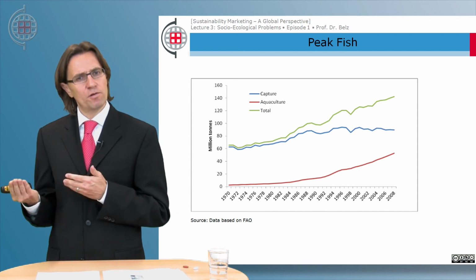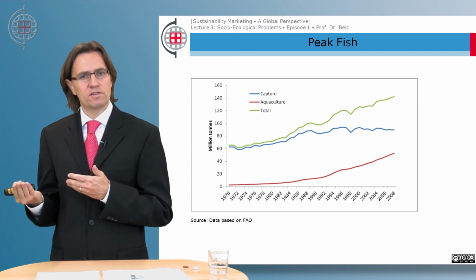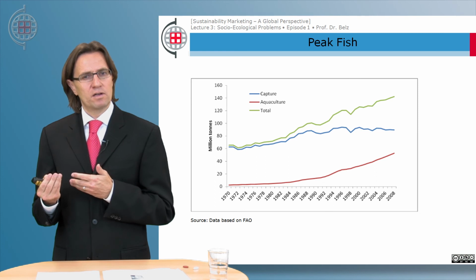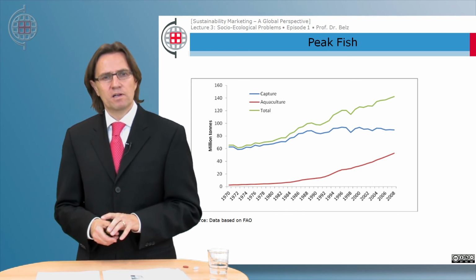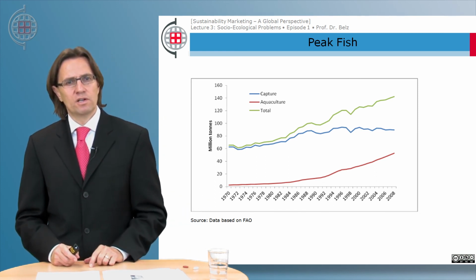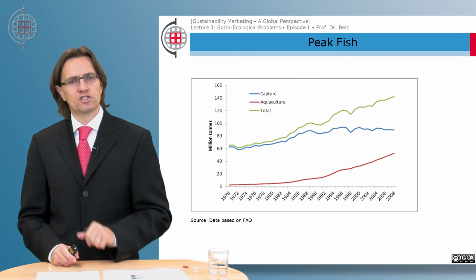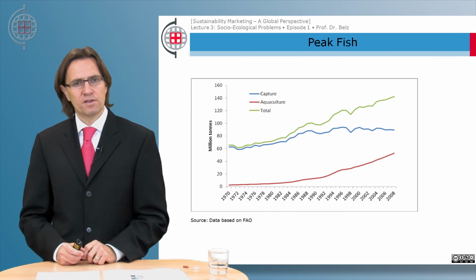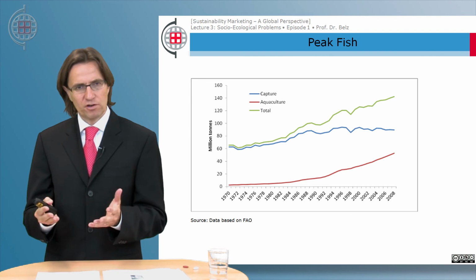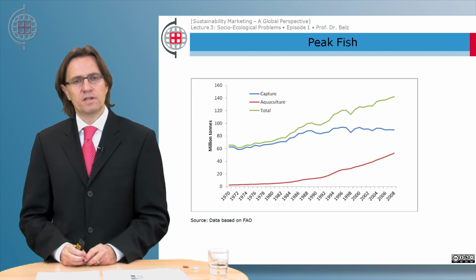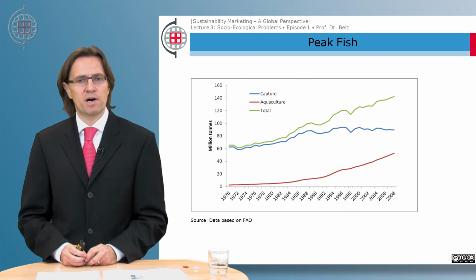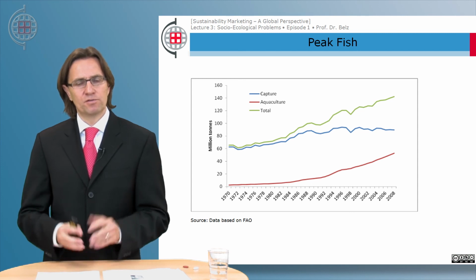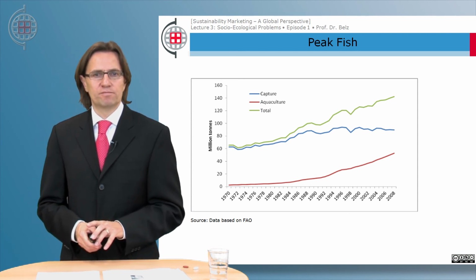On the other hand, it's also an opportunity, as you can see in the case of the red line. The red line shows the rise of aquaculture. That means fish raised in regions like Norway or Scotland or Vietnam, other parts of the world, in a reserved area, in aquacultures.